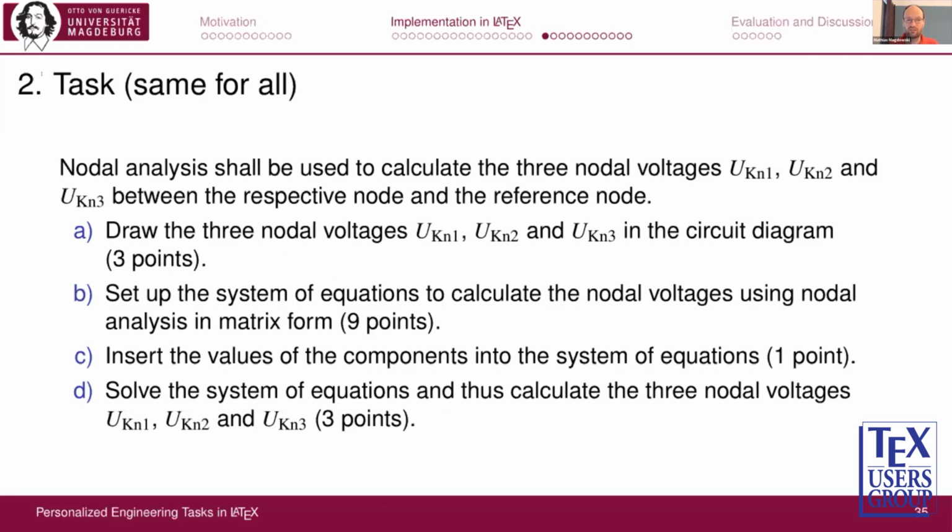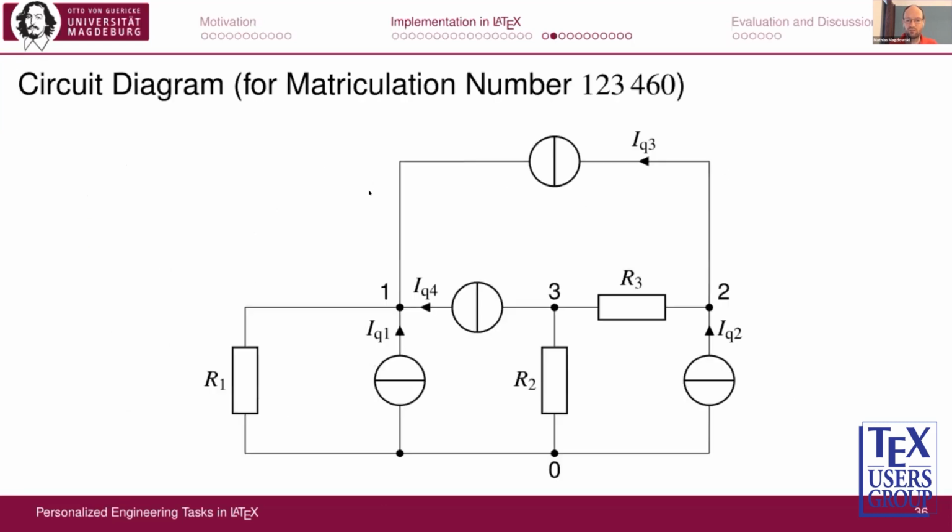So again, the task is the same for all, but everyone gets a different circuit diagram. Again, they are generated with a random number generator from the matriculation number, and all these circuit diagrams always have a reference node and 3 nodes, and then different elements: current sources or resistors, or current sources in parallel to a resistor, or just a current source between these nodes.